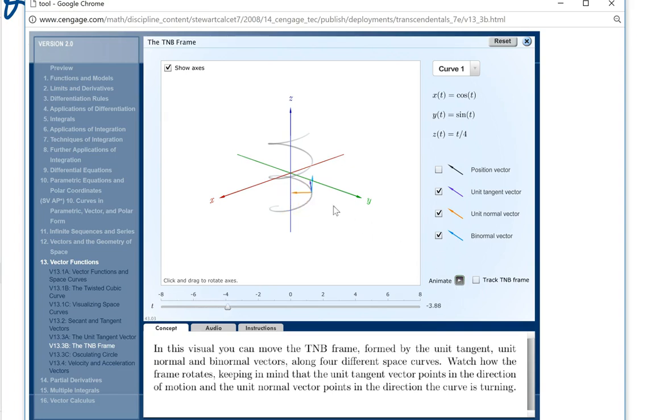Now let me stop for a second here. If you notice, the tangent vector points in the direction that the curve is going. The tangent vector is in blue. It's this one, the tangent vector.